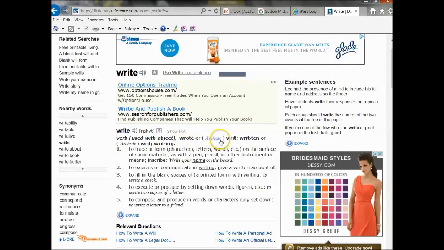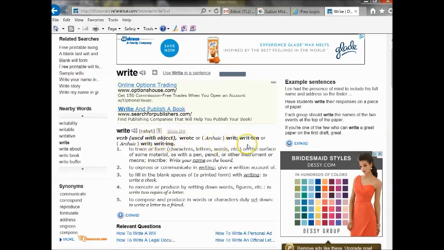It also gives you an archaic form. Archaic means that we don't use it anymore in our modern English. It was used hundreds of years ago, and that would be writ, okay? But we say wrote. And then the past participle, written, with the archaic being writ, and the present participle, writing.